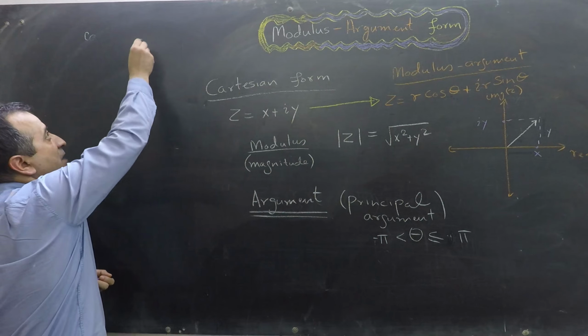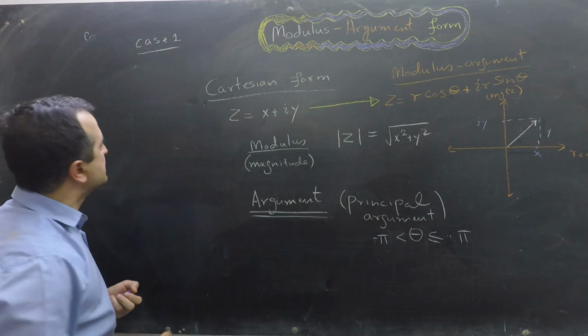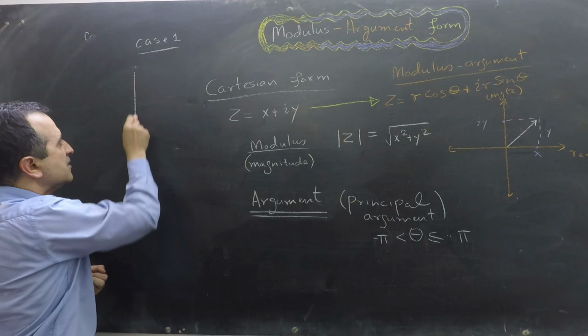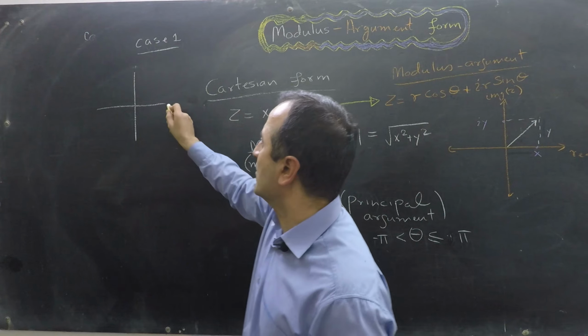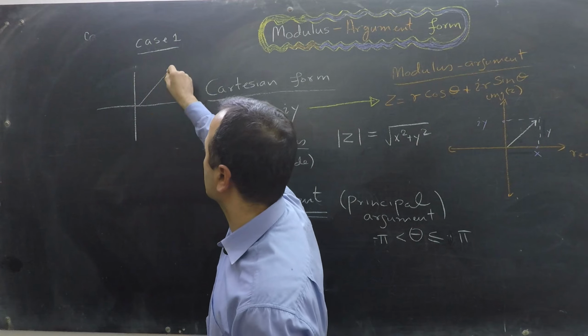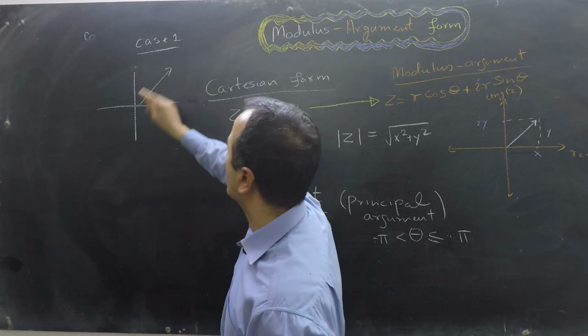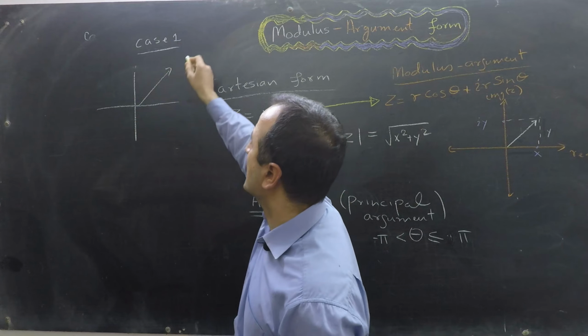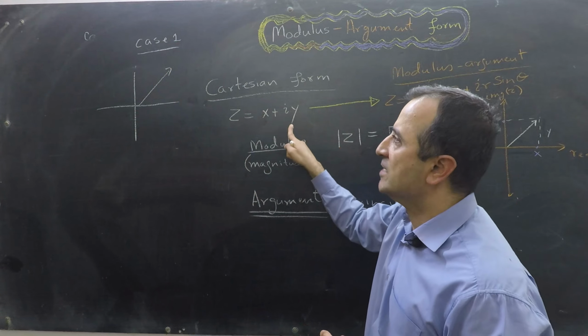So our case 1. In case 1, our position vector is in the first quadrant. So this is my position vector because in case 1 my value of x is positive and my value of y is also positive.